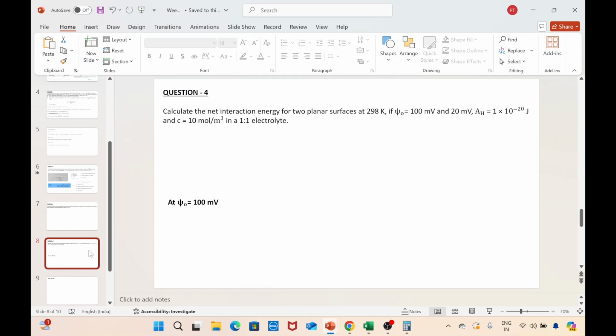So if you remember, net interaction energy is nothing but a combination of two, right? One is your electrostatic, the double layer repulsive forces. What is the second one? Anyone who knows what is the second one?